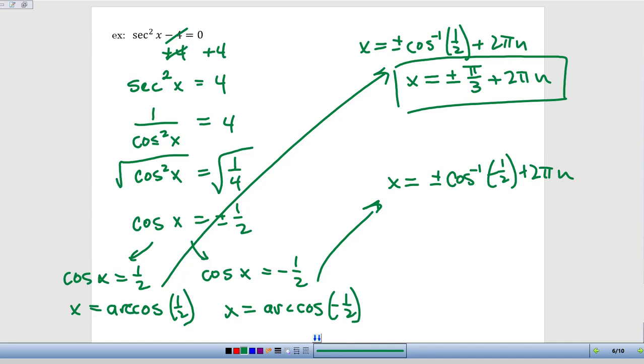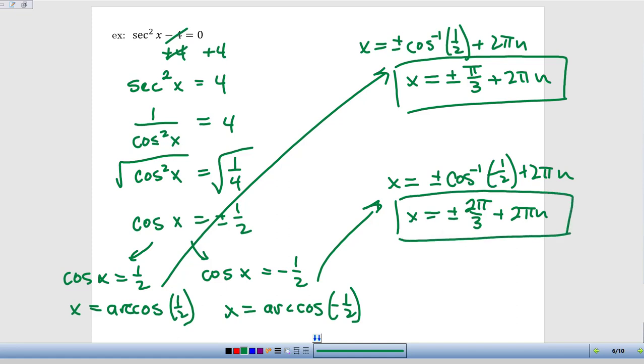And then the other part of our infinite answer set is x equals plus or minus. Now I've got to find where between 0 and 180, between 0 and pi, I have negative 1/2 as my x-coordinate. And so that happens at 2 pi over 3. So I've got plus or minus 2 pi over 3 plus 2 pi n. And so these two taken together are our infinite solution set.